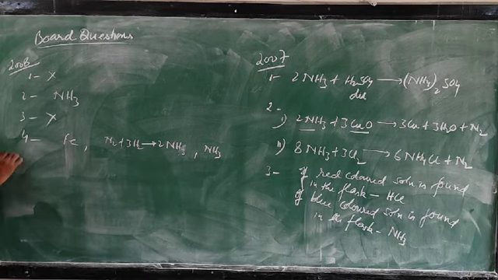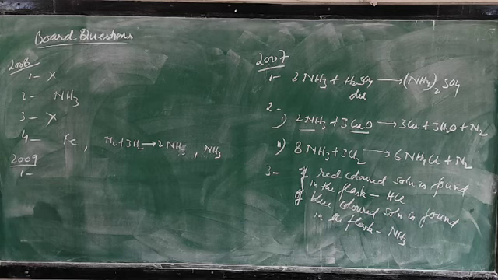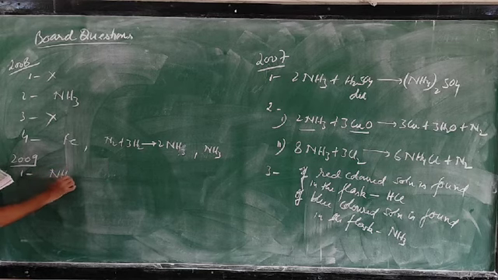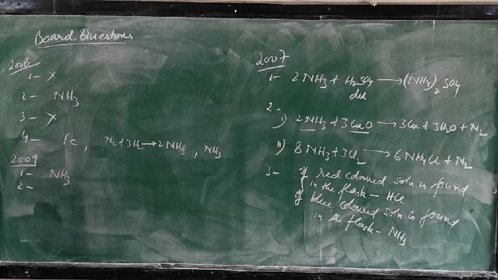Now 2009. First one: name the gas that burns in oxygen with a green flame. So ammonia. Second: write a fully balanced equation; that is not in the syllabus.